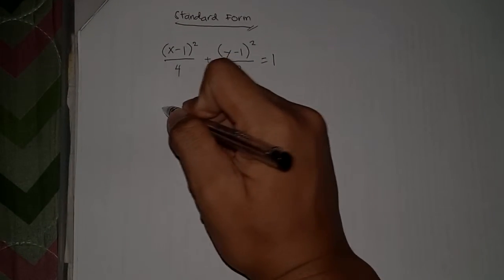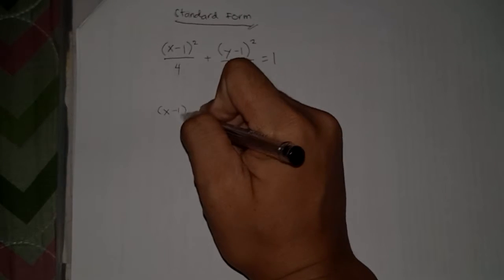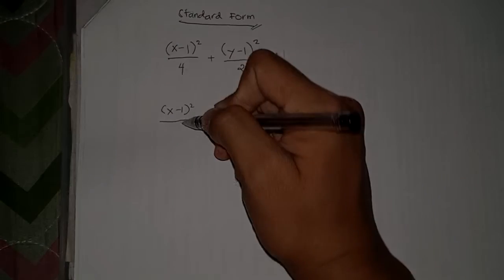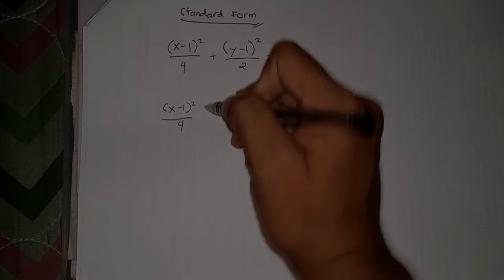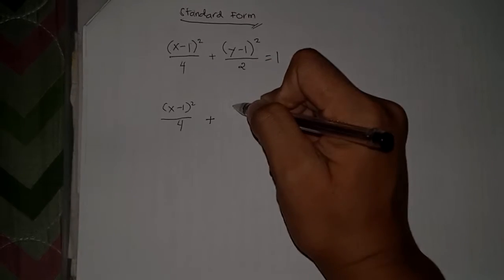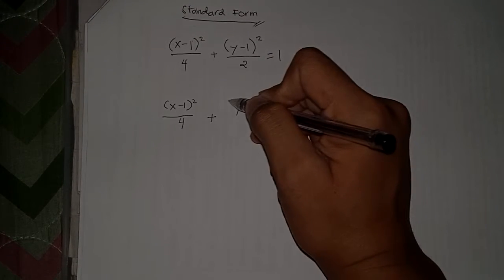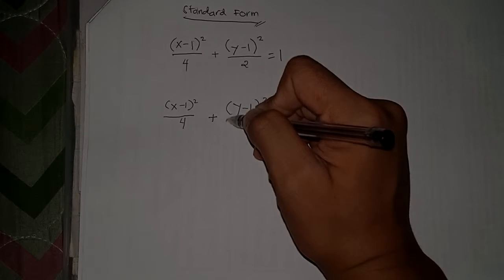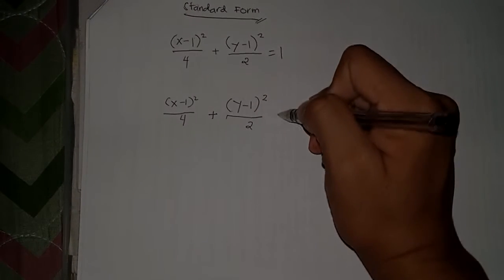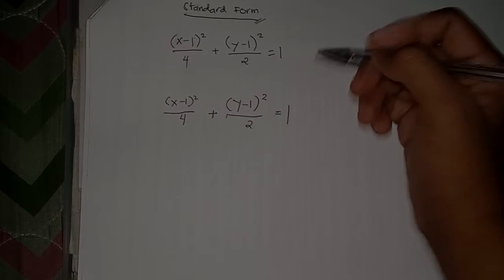So let's copy x minus 1 squared over 4 plus y minus 1 squared over 2 equals 1.